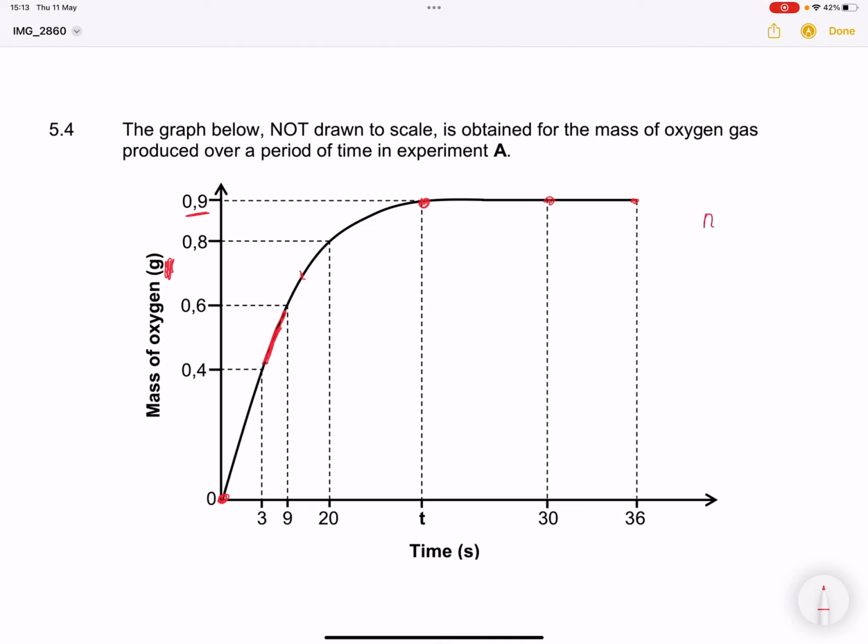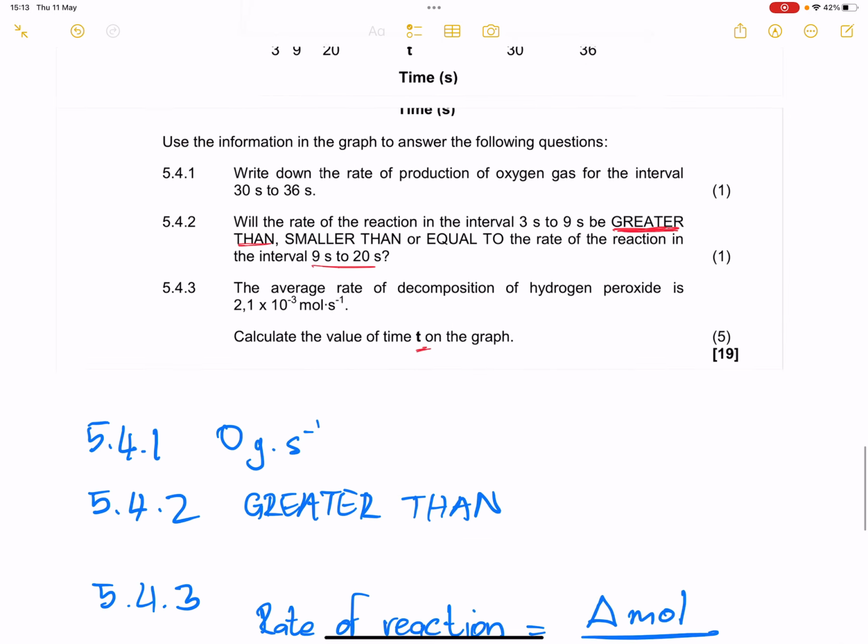So number of moles will be mass over molar mass, 0.9 divided by the molar mass. Remember, oxygen is O2, ladies and gents, so this will be 2 times 16.